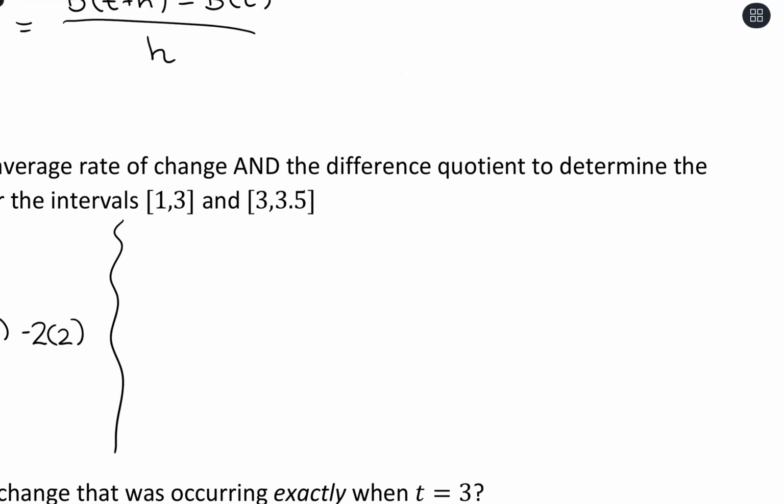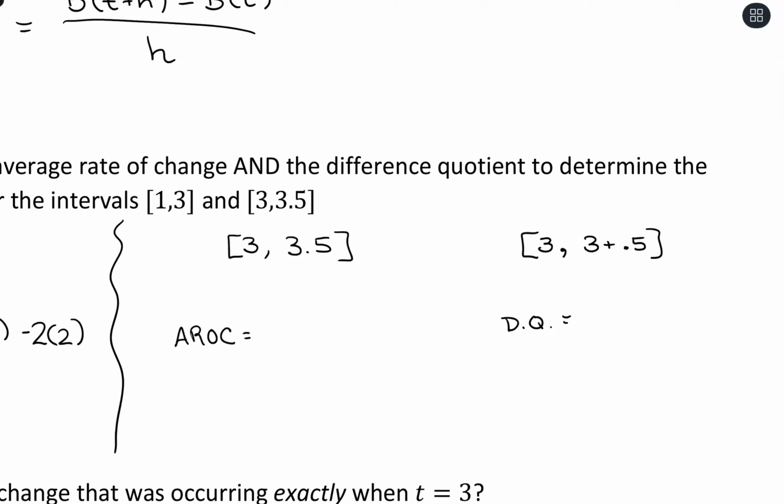Then we could do the same thing for 3 to 3.5. If we treat them as two separated values, we can use that average rate of change. If I want to think of it as these kind of differences of starting point and then moving from that starting point, so a 3 plus 3.5, then I could use that difference quotient. So average rate of change told me to take -2 times the addition of those two pieces.